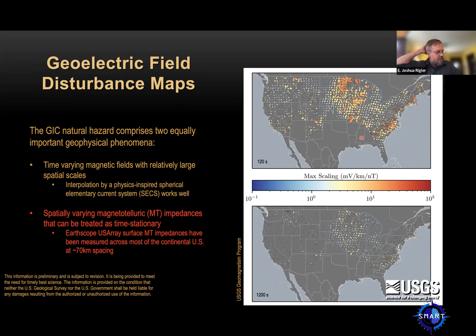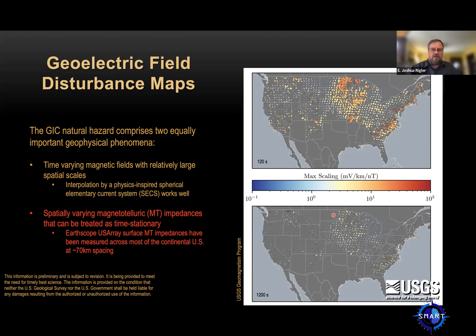What you'll also see is there's a strong frequency dependence. Where you have strong resistivity at 120 seconds, the Earth is actually not very resistive at all at 1200 seconds, for example. This is why we can't just look at something like the simple dB/dt used by people in the space physics community.